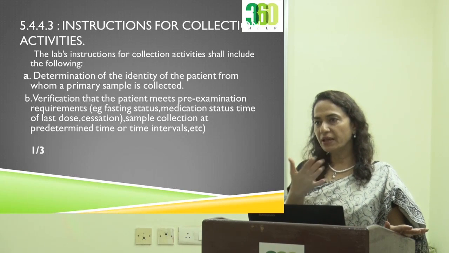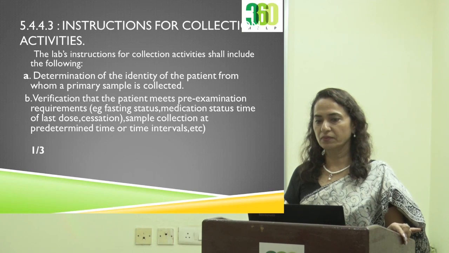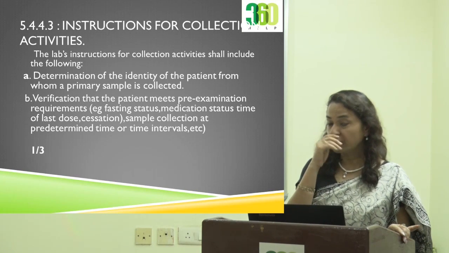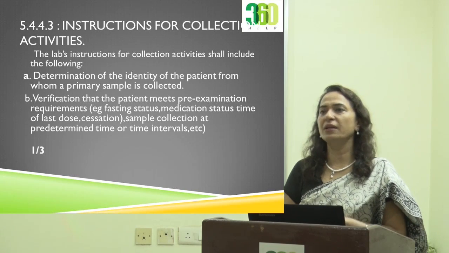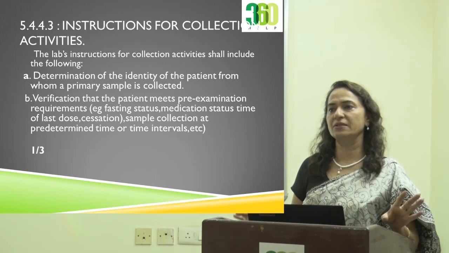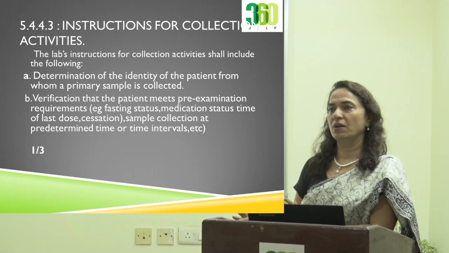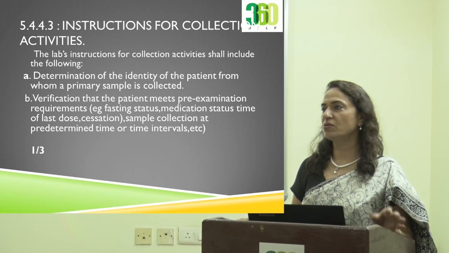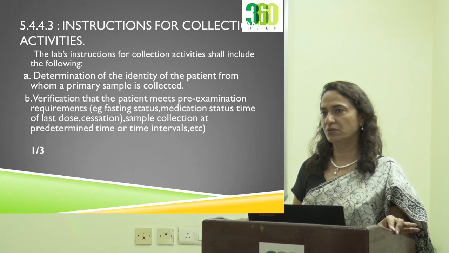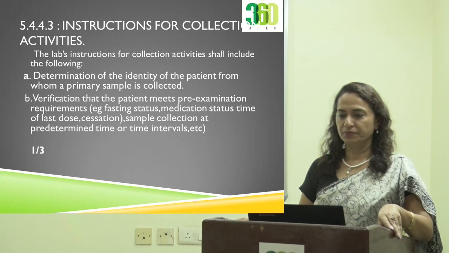So time and again take the confirmation from the patient. Because worldwide it has been seen that this is one big error which is happening in most of the sophisticated places also. In Western countries also this is one big reason for problems, where there is wrong identification of the patient. So you have to be very careful about it.